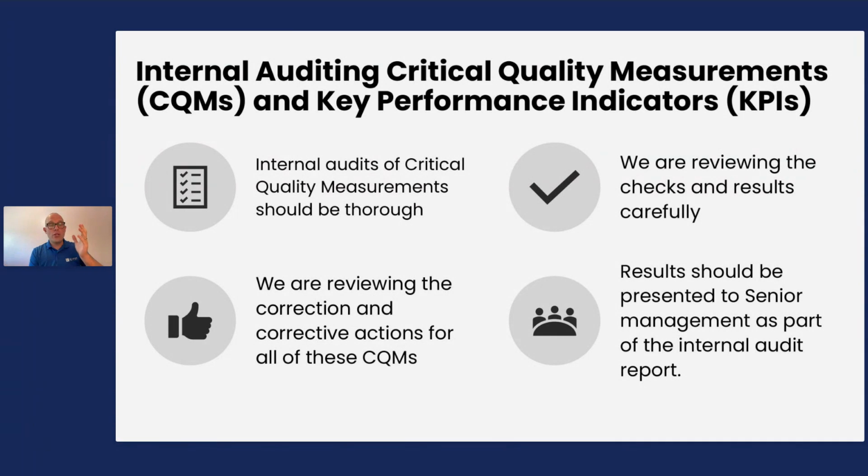So when the internal audit has been done correctly, when we've reviewed all of those frontline measurements, when we've covered all of the critical quality measurements and critical quality metrics and made sure that those are accurate, when we've recorded all of the findings of our internal audit against the entirety of the ISO 9001 code, and we've managed our corrective actions, corrections, and non-conformances, and those are a part of the report, they are ready to send over to top management.